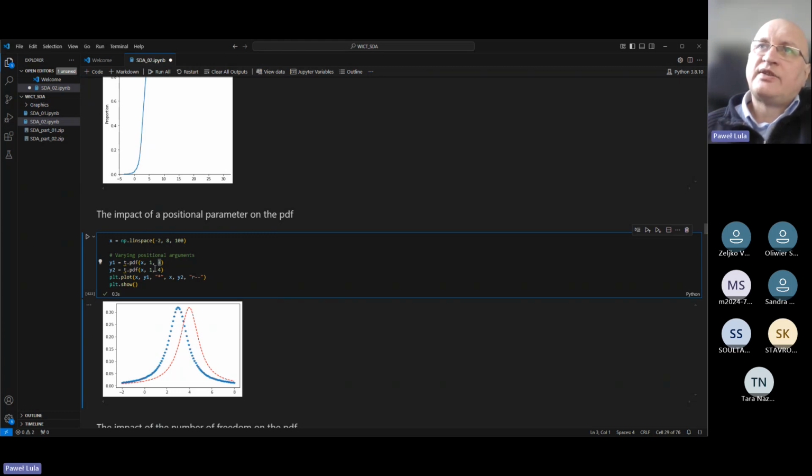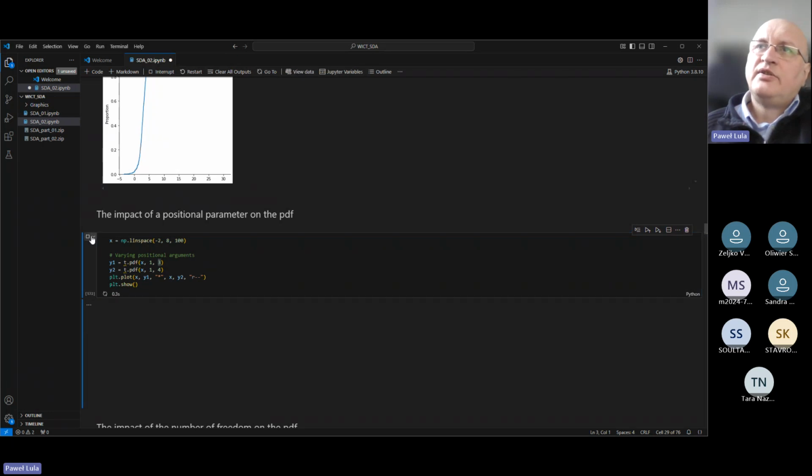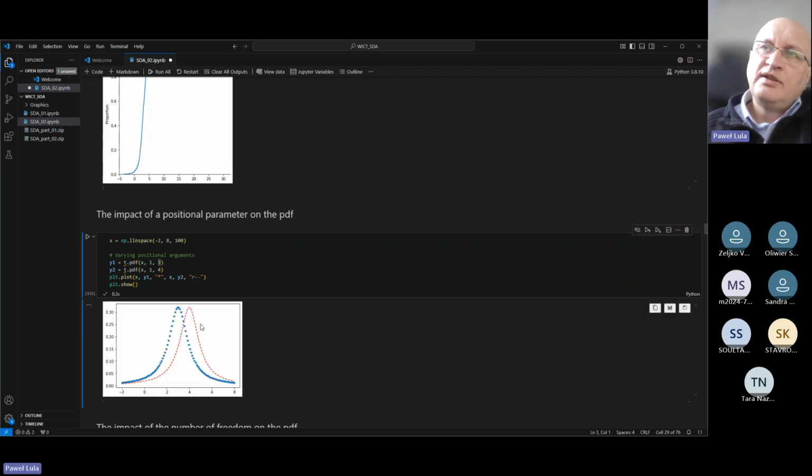For the first probability distribution function, it is 3. For the second, it is 4. And we see that it works in the same way as the mu parameter for the normal distribution works.